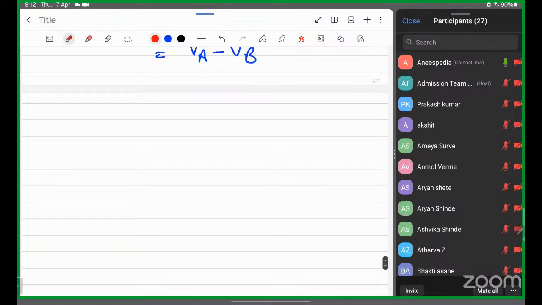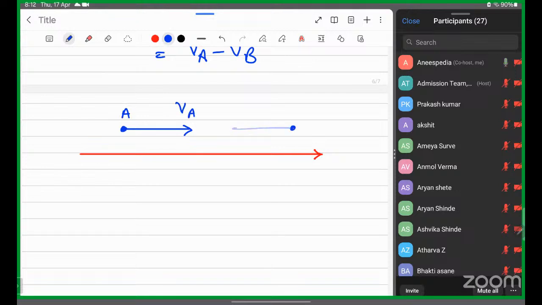So you can have VA minus VB in this sense also. Now, let's say there are two objects, again A and B, which are moving in opposite directions to each other. Let's say this is velocity A and object B is moving in this direction with velocity B, and the convention is positive in this direction.